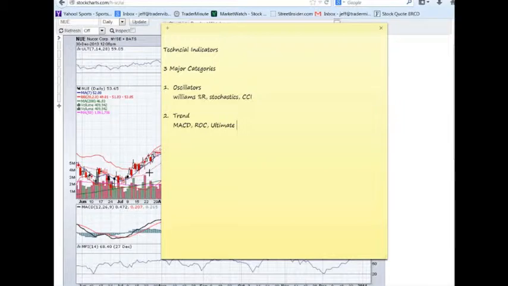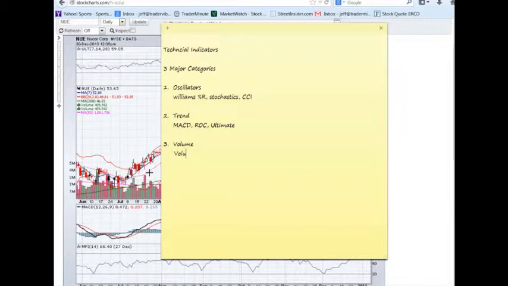And then the third category of indicators are volume indicators, where they're basically not just looking at pure price action, but they're bringing volume into play in one way, form, or the other. Perhaps one of the most common is volume by price.